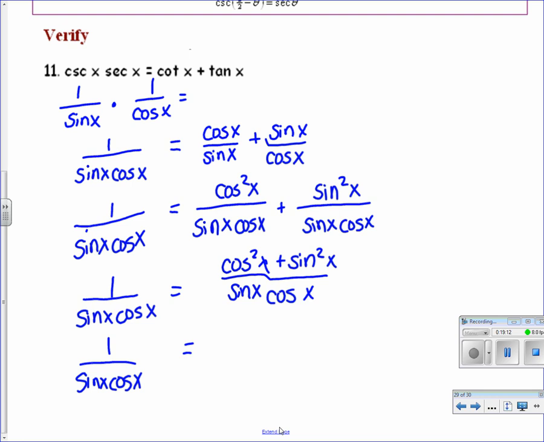So I'm going to substitute in place of this numerator a 1. And look at it. Got it. I've got one side to equal the other side. If you wanted to, we could break it back apart and change both sides, but I got this side to equal that side. It's good. So we're good to go.